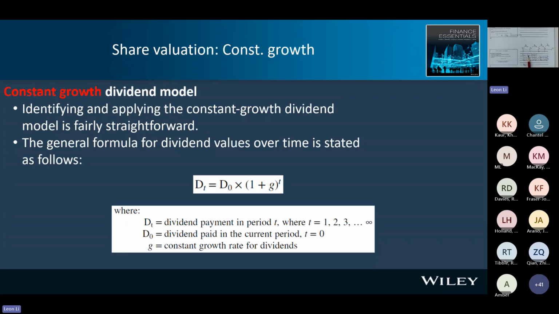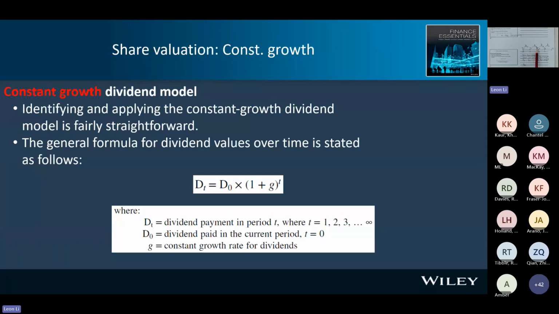D1 is D0 times 1 plus G with power of 1. D2 is D1 times 1 plus G, which if we use D0 means D0 times 1 plus G with power of 2. You can repeat the process to find the rule, so D3 will be D0 times 1 plus G with power of 3.